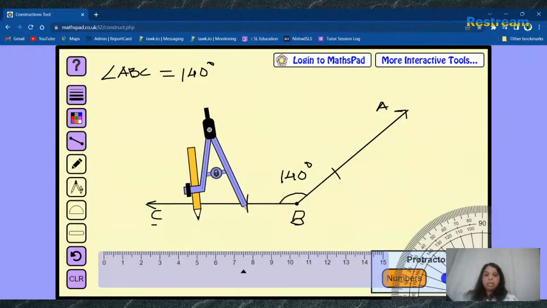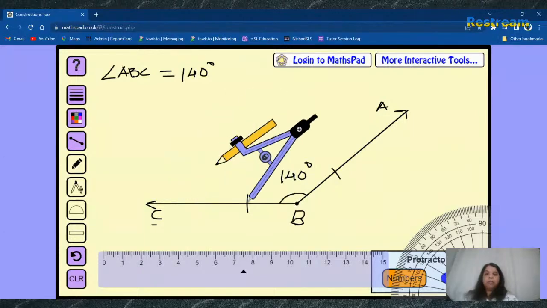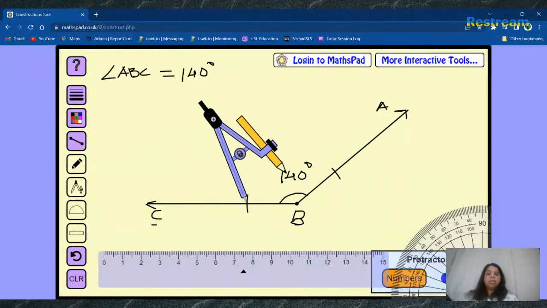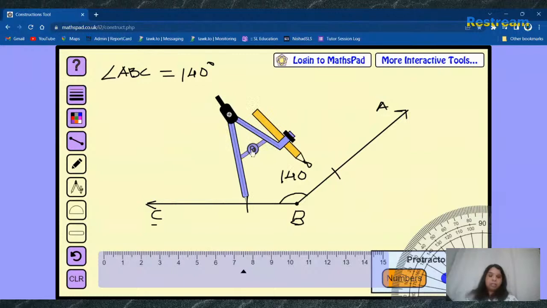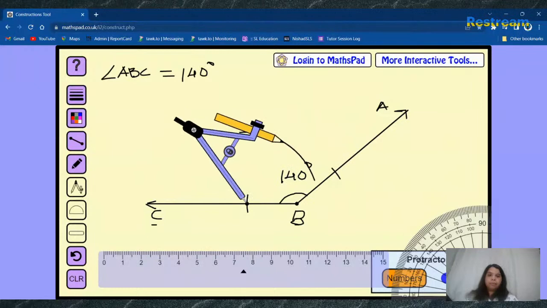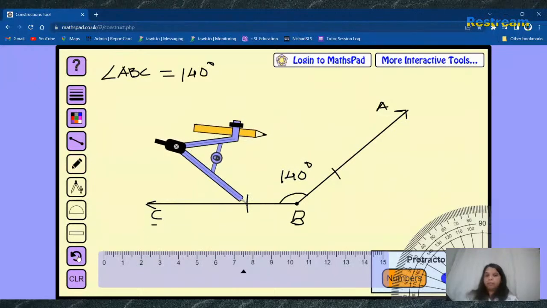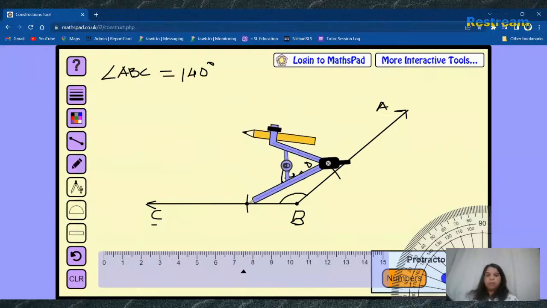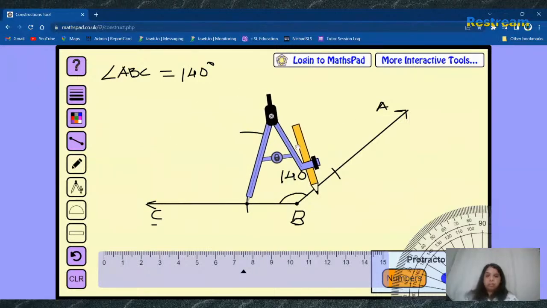Now in this case, this distance which we are going to use is not greater than half. So we are going to slightly increase this distance, okay? And then we are going to draw smaller arc. Drawing smaller arcs is important.